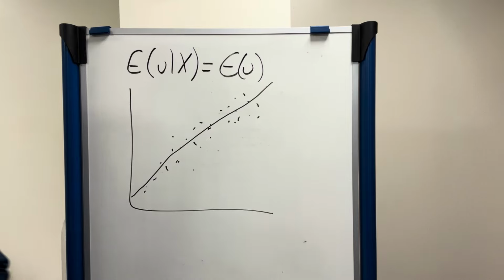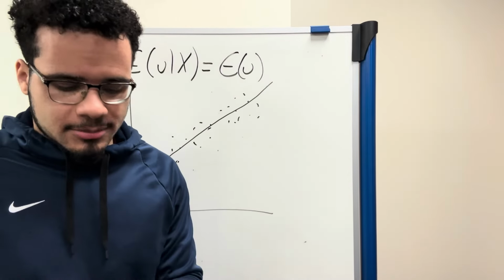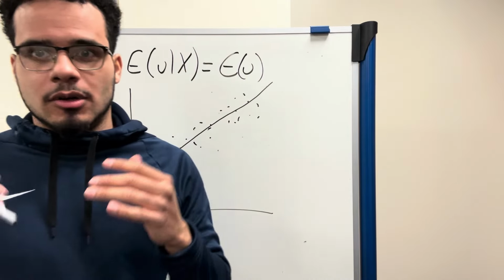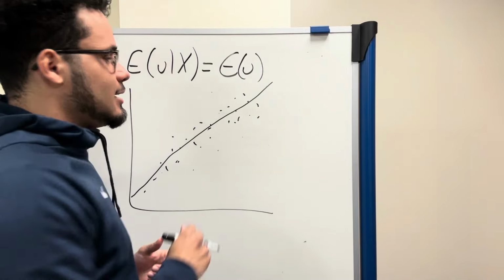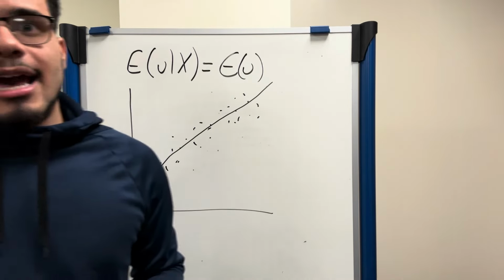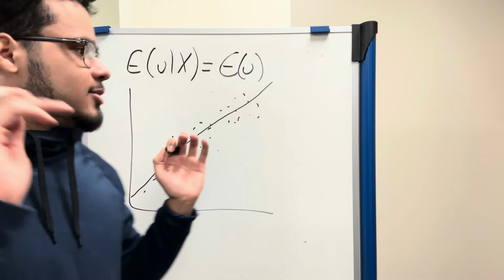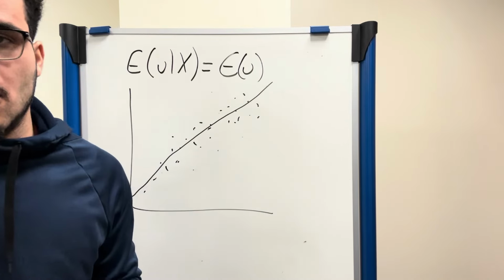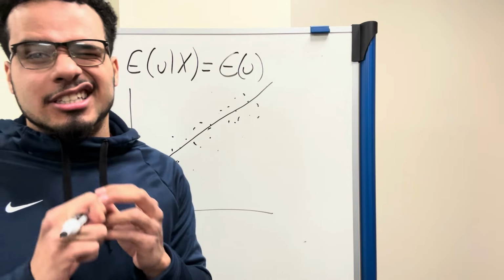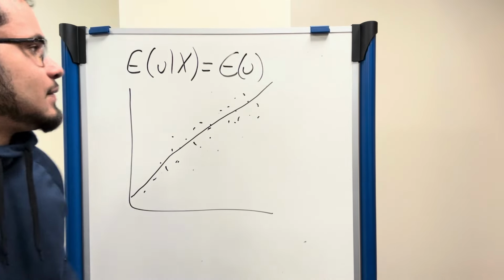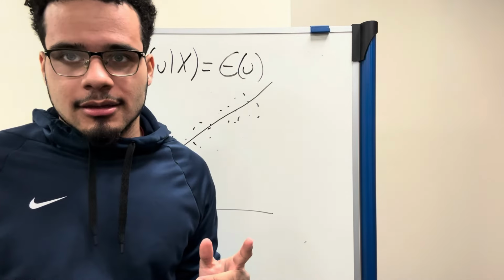To understand this fundamental assumption, we need to reiterate the name of the game: to develop a line that indicates that the unobservables, the error term, are orthogonal to x, meaning they're statistically independent from x. So how do we do that?